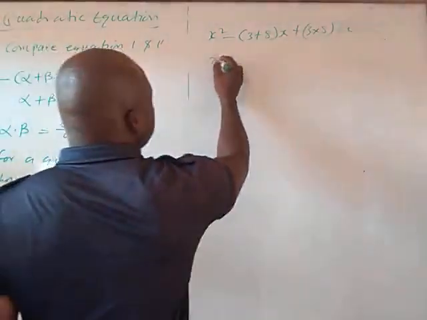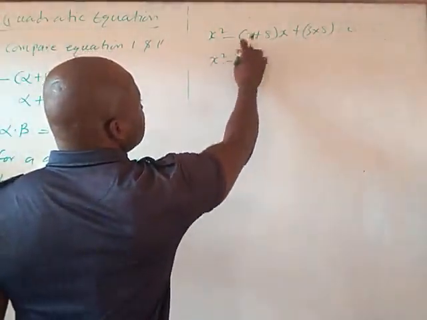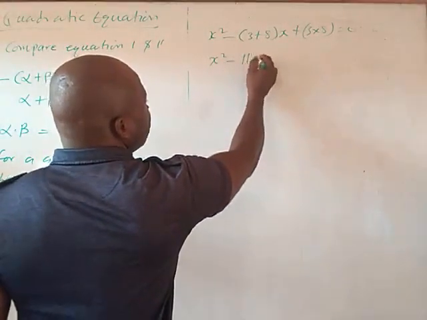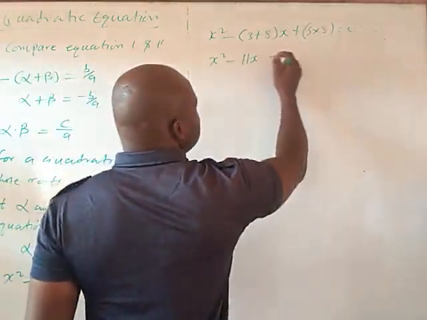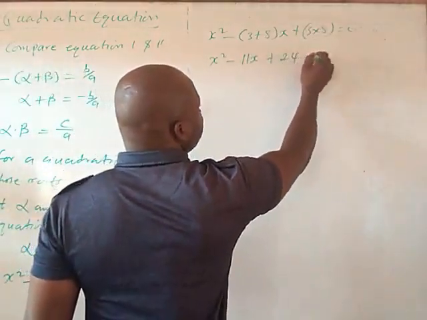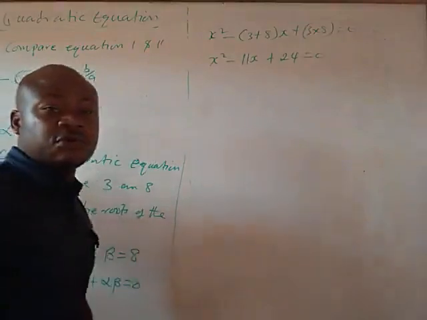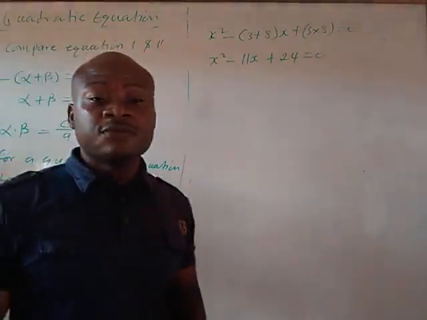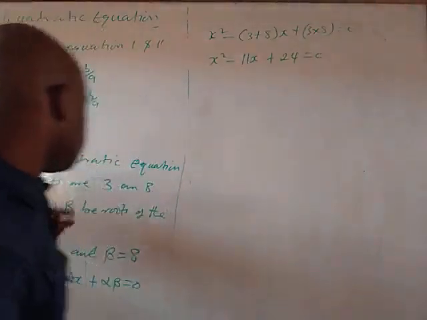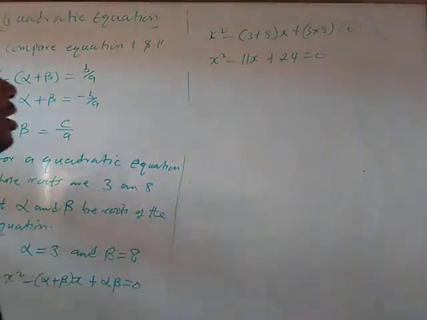Now we have x squared minus 11x, because this plus this gives us 11, and this times this will give us 24, equal to 0. So this is the equation whose roots are 3 and 8.